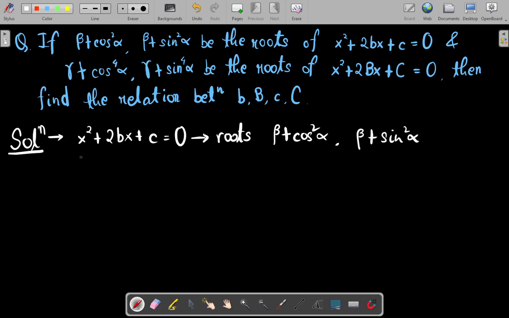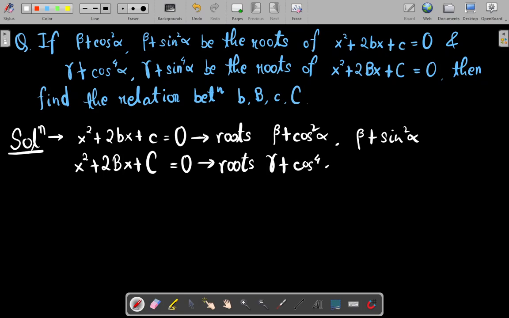The other equation is x square plus 2 capital Bx plus capital C equal to 0, which has roots gamma plus cos to the power 4 alpha and gamma plus sine to the power 4 alpha. So the powers are different among the roots in either equation. Also, there is nothing said about alpha, beta, gamma.